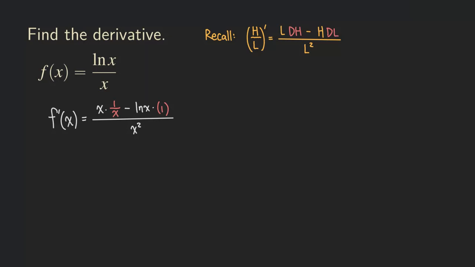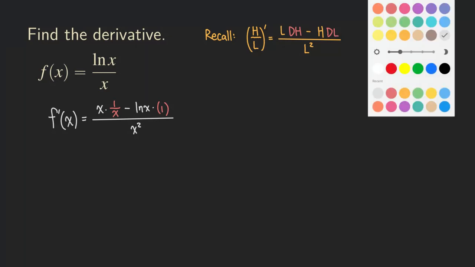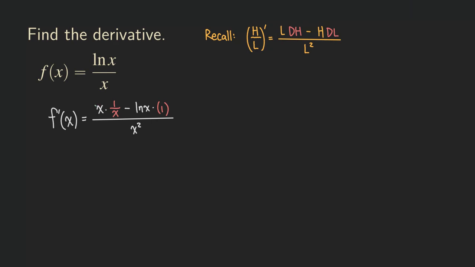And then, yeah, so that's the derivative, but we can simplify it by doing a little bit of extra work here. So we can cancel the x, and so that becomes a 1. And so our answer would just be 1 minus, now we have 1 times ln of x, so we get ln of x right here.